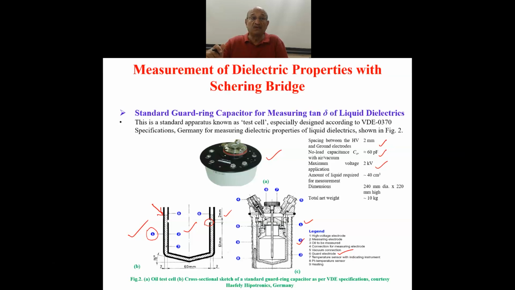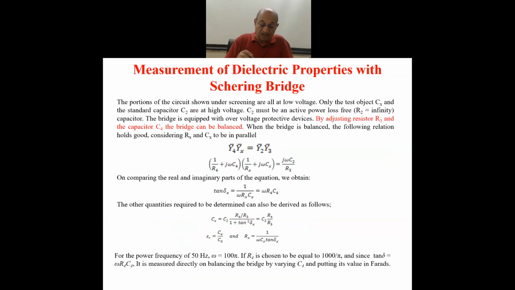What do you mean by no load capacitor? It has been termed as no load. Actually, when you fill the gap between the two electrodes, not by any oil, but instead you leave it with air, or you produce a vacuum, you can say the C naught, what we talked about in the last lecture, as you see here, this is C naught.